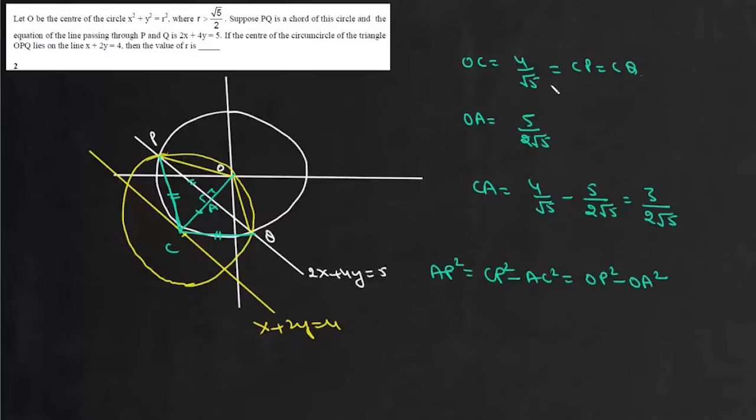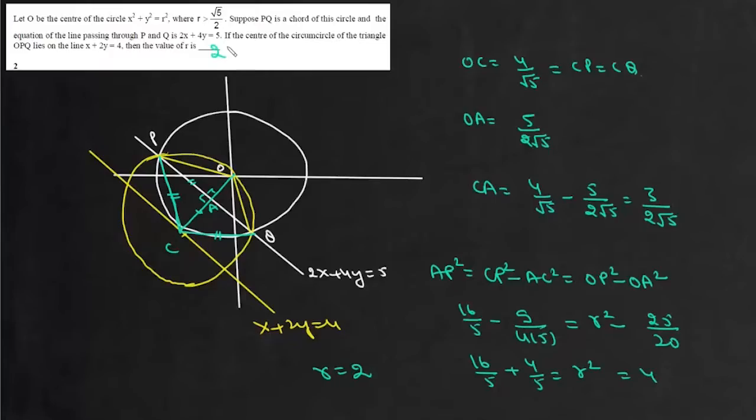Now CP is 4 by root 5, so there will be 16 by 5 minus AC square, and AC is 3 by 2 root 5, so there will be 9 by 4 into 5, and OP square is R square minus OA square, which is 25 by 20. Now this is plus 16 by 20, which is 4 by 5, and this is equal to R square. Now R square is simply 4, so the value of R is 2, and that is the answer to this question.